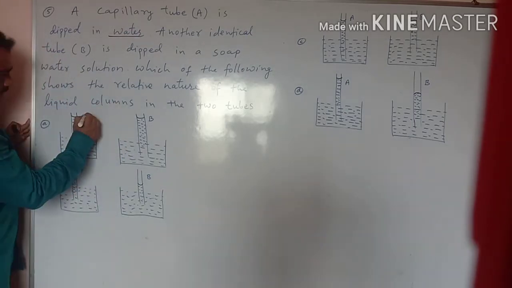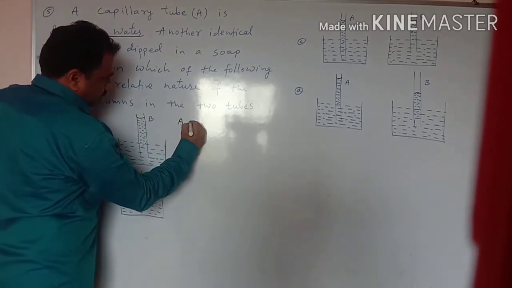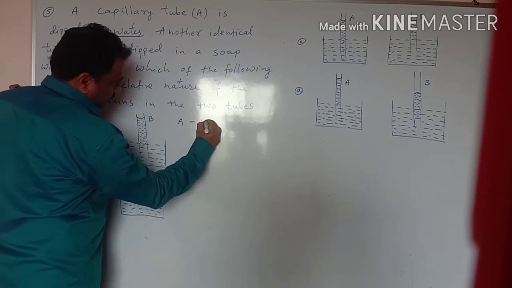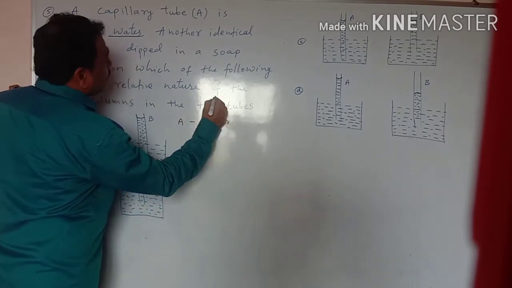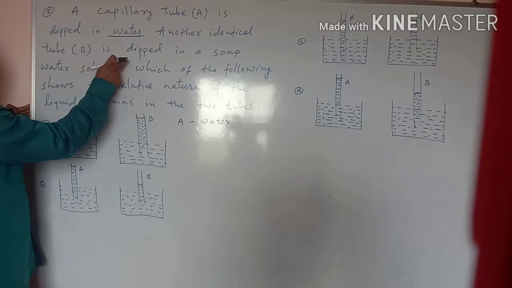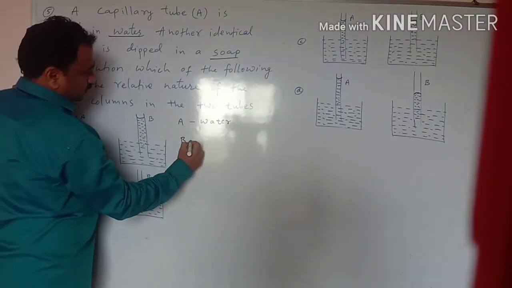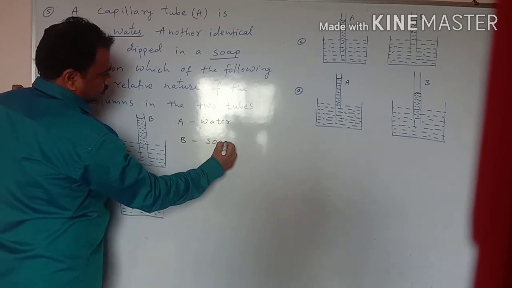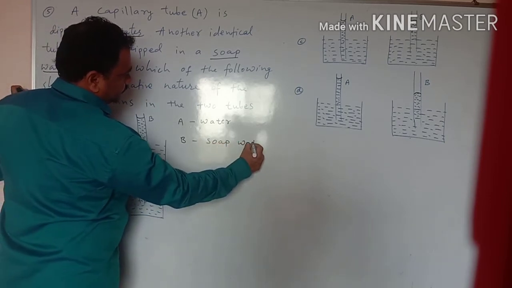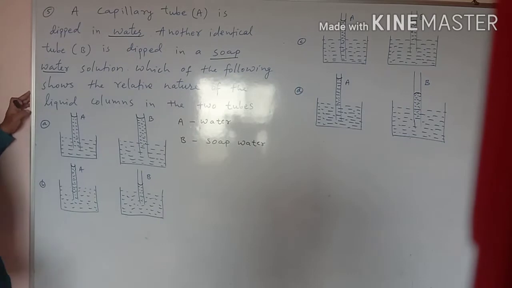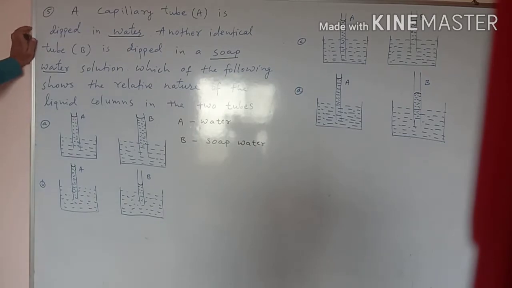It means in tube A there is water, and in another tube, that is B, there is soap water. So these are the two capillary tubes, and these capillary tubes are inserted in the liquids.